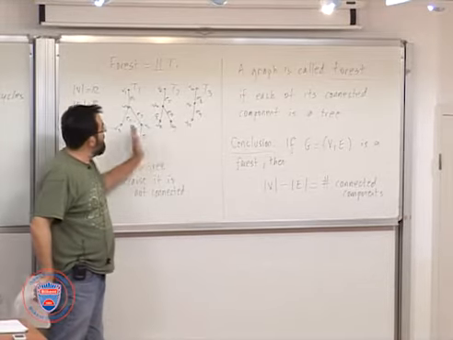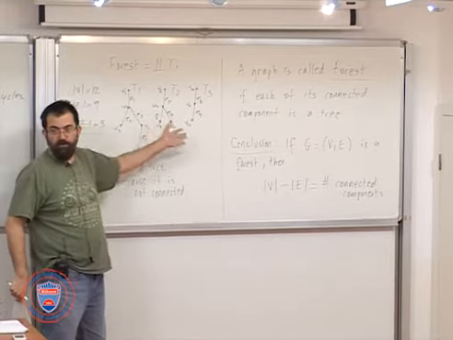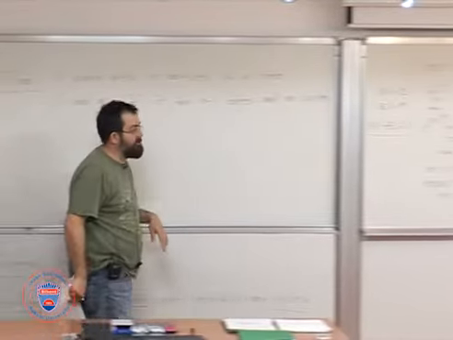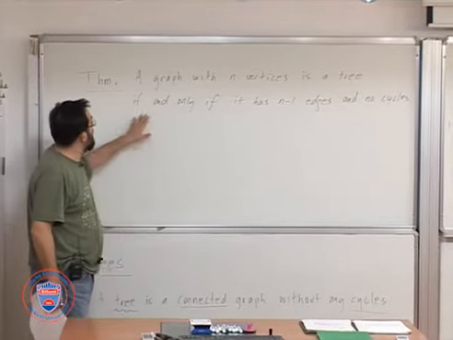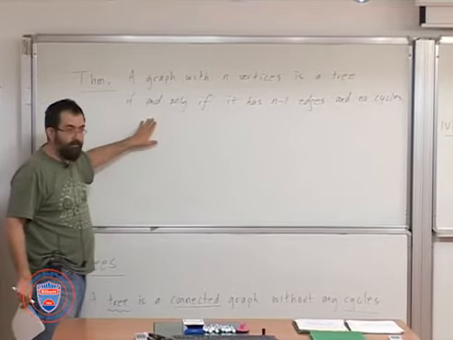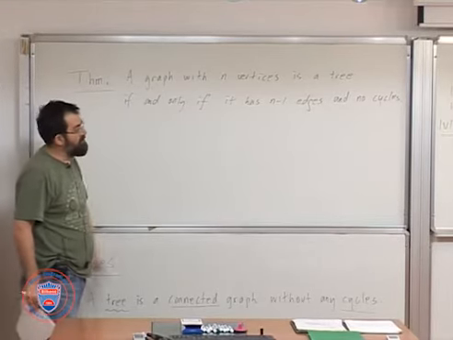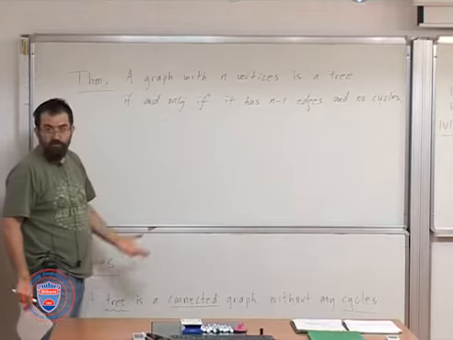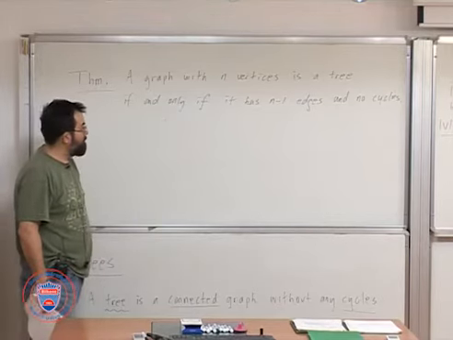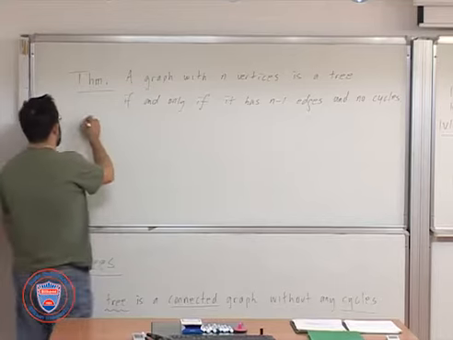So if you have 3 components, the difference becomes 3. Okay? It's a very easy thing to see why the conclusion is true once you assume that this is true, because on each component, the difference is 1. If you have 3 components, the difference becomes 3. So why is this true?